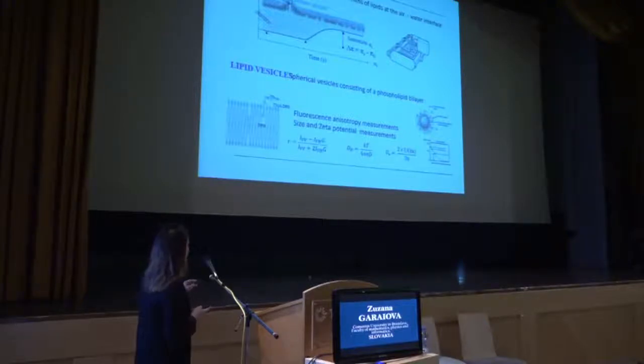It's a barrier that is selective. It controls movement of substances that go out and into the cells, but it's a really complex structure. And to analyze interaction of our dendriplexes, we were using model lipid membranes. So we analyzed this interaction on a molecular level using either lipid monolayers or bilayers.